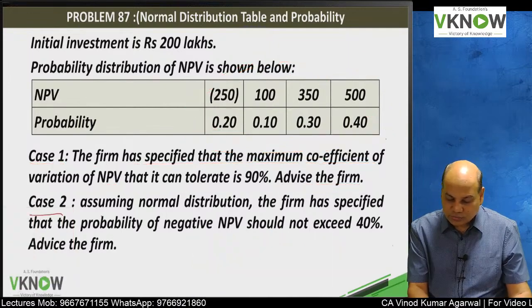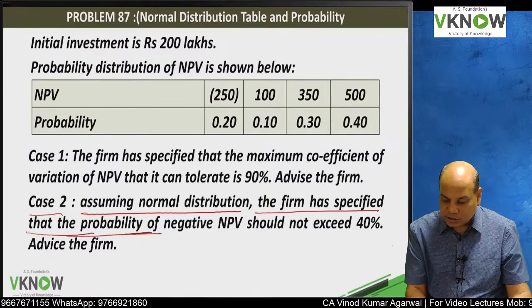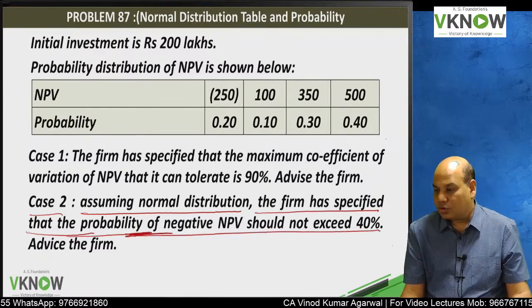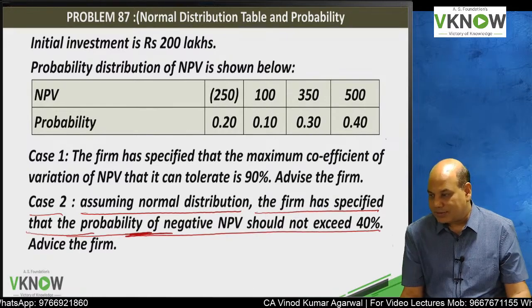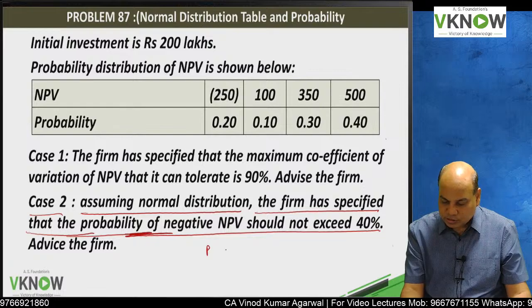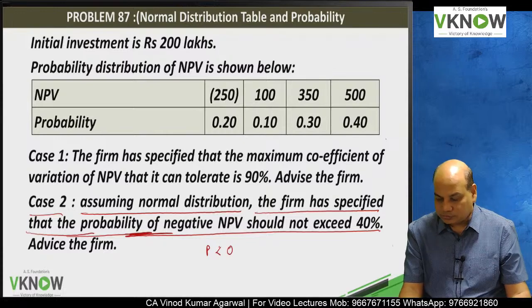Case 2, assuming normal distribution, the firm has specified that the probability of negative NPV should not be more than 40%. So I will find out what is the probability that NPV is less than 0.